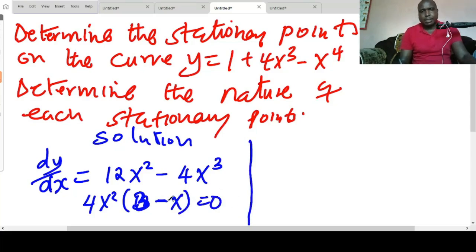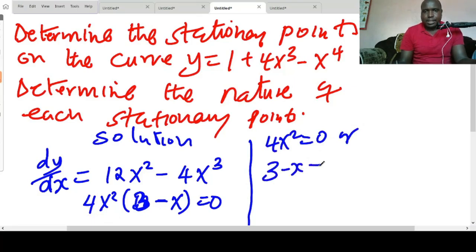That's very nice. So 4x squared is equal to 0, or 3 minus x is equal to 0. Fine.